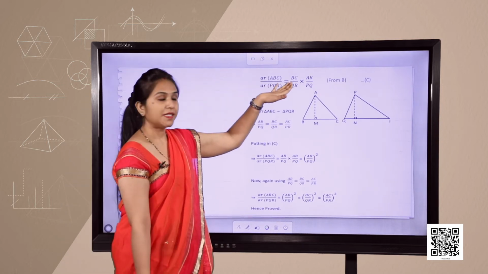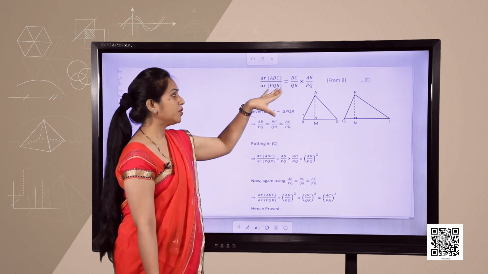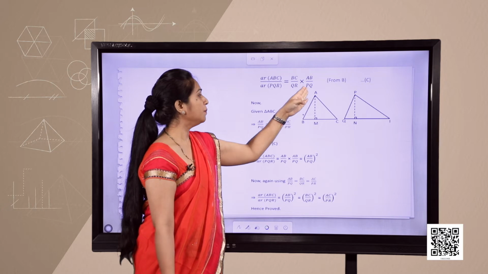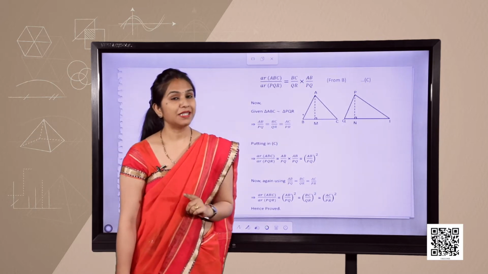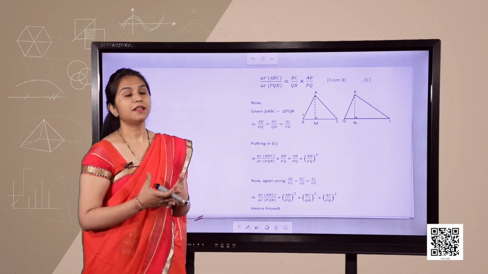Now, the next step is, this is our equation C again, area of ABC upon area of PQR is equal to BC upon QR into AB upon PQ. But children, remember your first equation what you wrote, that the triangles are similar. So, all the corresponding sides are in the same ratio.